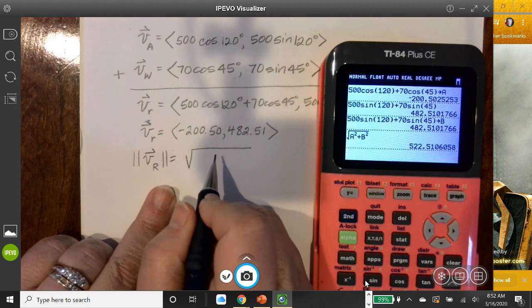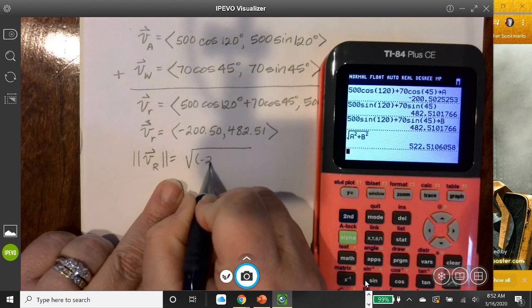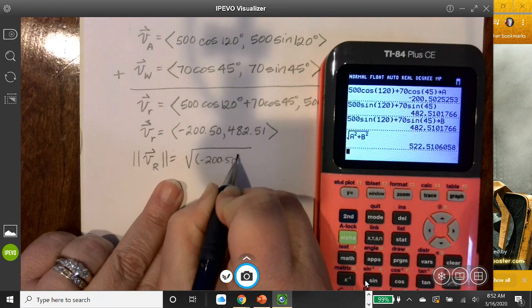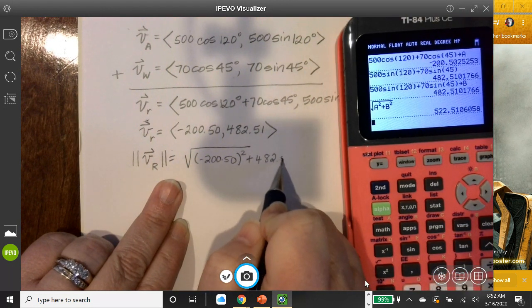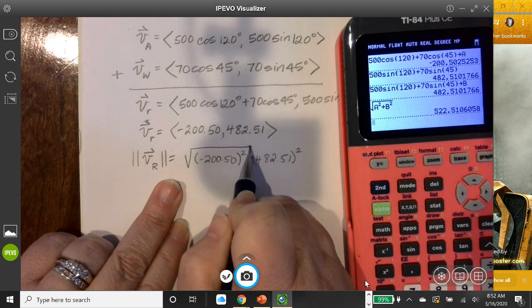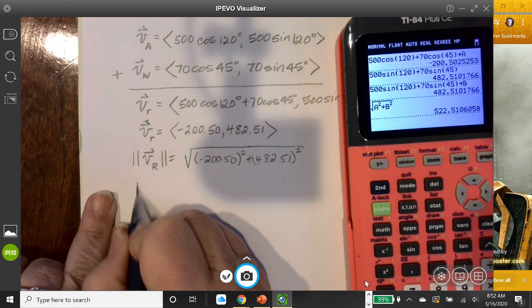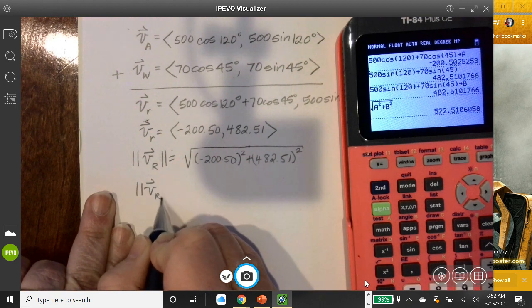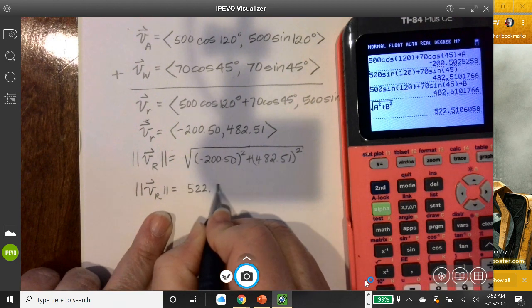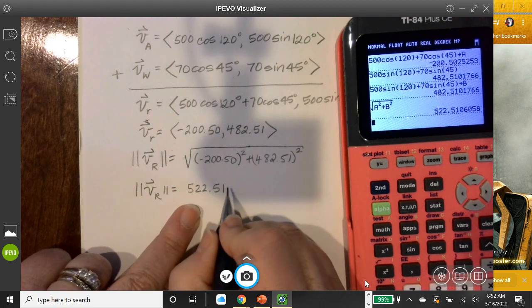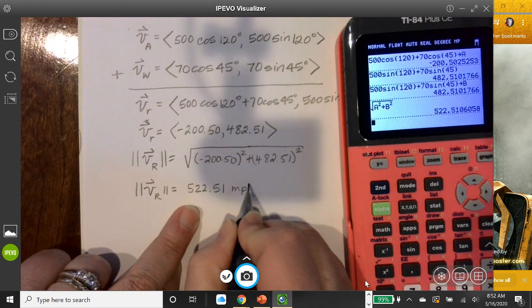Okay. So that's going to be negative 200.50 squared plus 482.51 quantity squared. And I use the exact value, so the magnitude of our resultant, using the proper angle of 120 degrees, is 522.51 miles per hour.